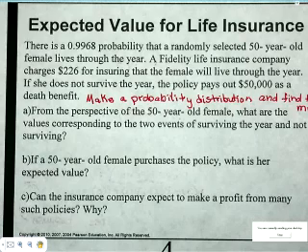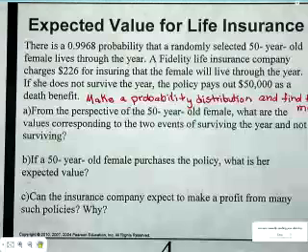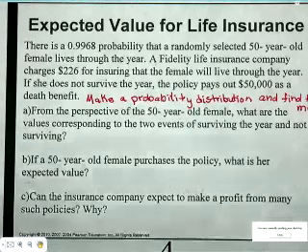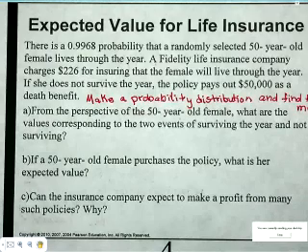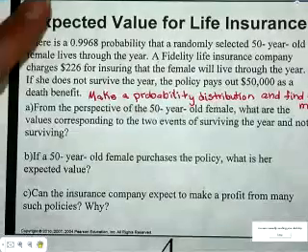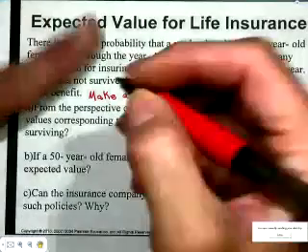Let's make a probability distribution. What are the possible outcomes for this woman in the upcoming year? One of two things is definitely going to happen: she's going to survive or she's going to die. That's the only two things that can happen, nothing in between. So I'm going to make my probability distribution.